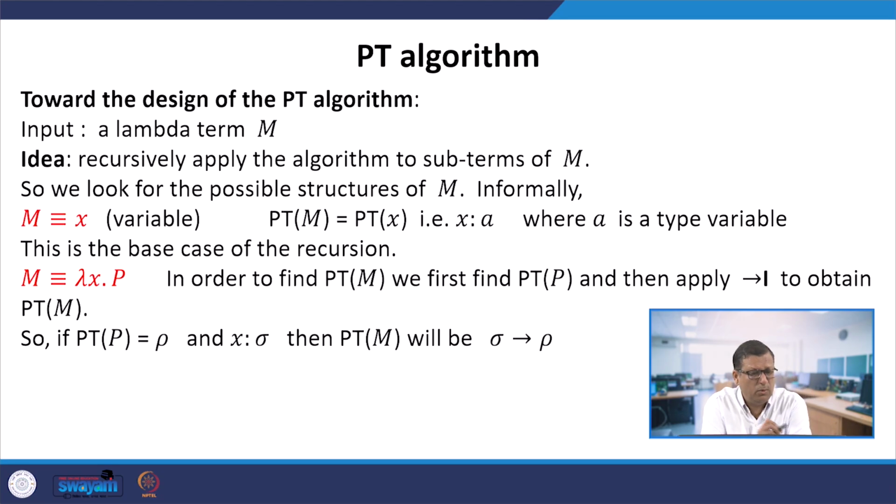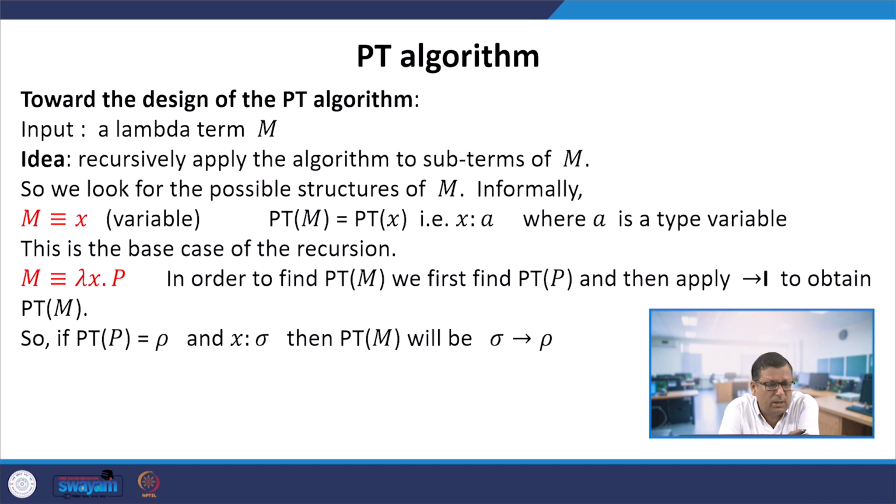If we move toward the design of the principal type algorithm, its structure will be like this. A lambda term M is the input to the algorithm, and the idea is to recursively apply the algorithm to subterms of M. So, we look for the possible structures of M. We know that terms of lambda calculus are essentially of three kinds: a variable, an abstraction, or an application.